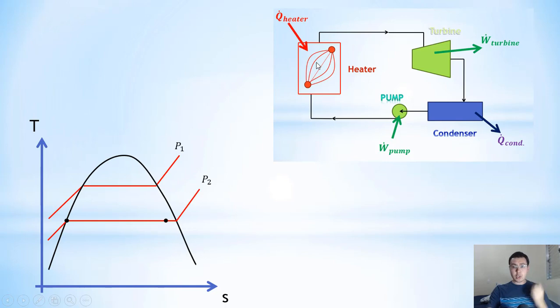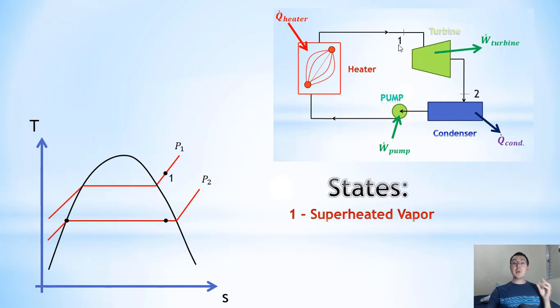Okay, so the first point we analyze is the entrance of the turbine and of course the outlet of the heater. And here at the point 1, as I showed here, we will have superheated vapor. So the fluid will exit here the heater as a state of superheated vapor.